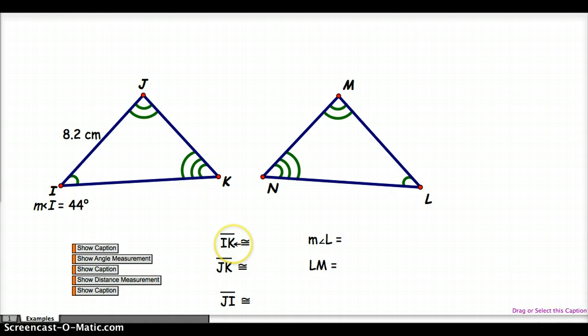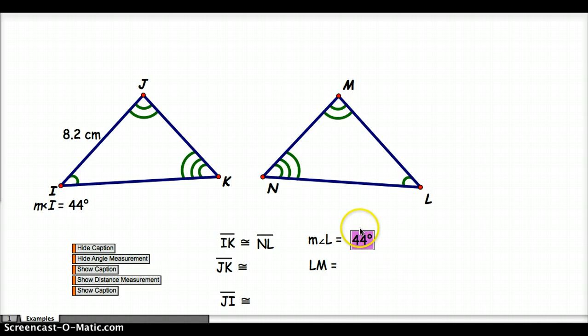So IK is congruent to which side? Now look for the 1 and the 3 angle markings. That must mean it's congruent to NL. JK must be congruent to, so here's JK, got 2 and 3, 2 and 3, that must be MN.